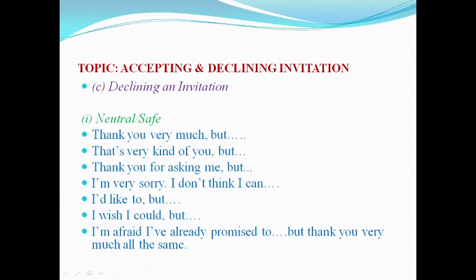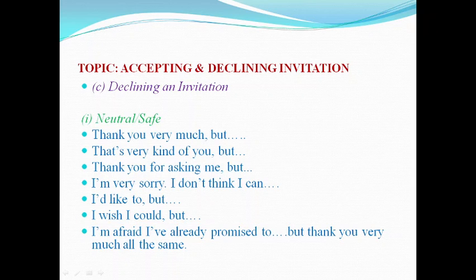Thank you very much, dear friend, or that's very kind of you, or thank you for asking me, or I am very sorry, or I would like to, but, a conditional expression, a contradiction. I wish I could. I'm afraid I have already promised. So these are the different neutral expressions of declining invitations.